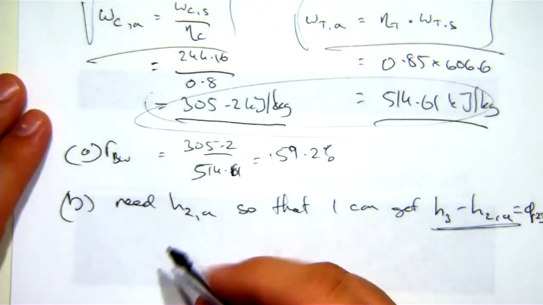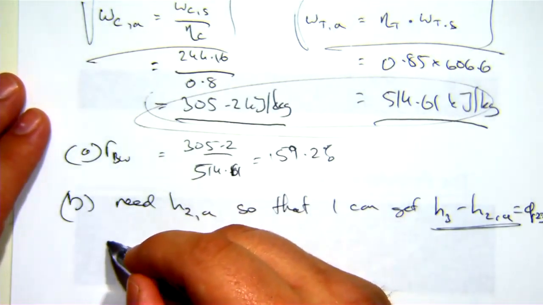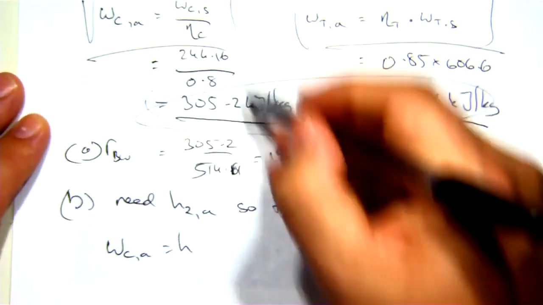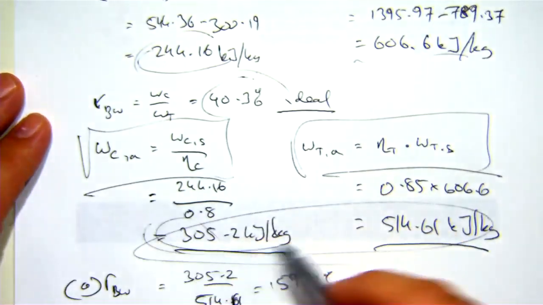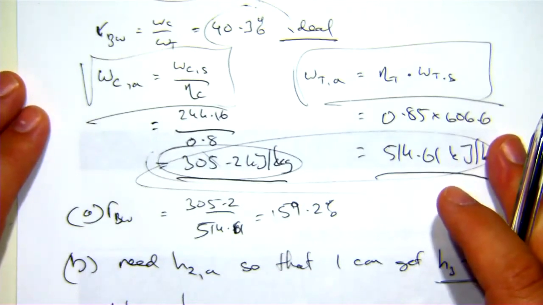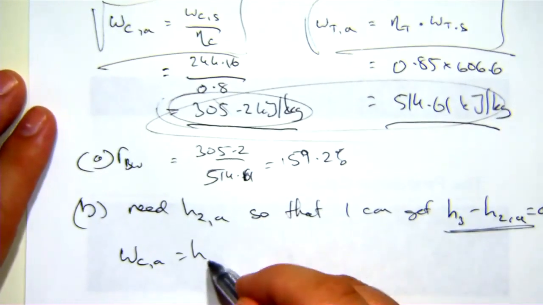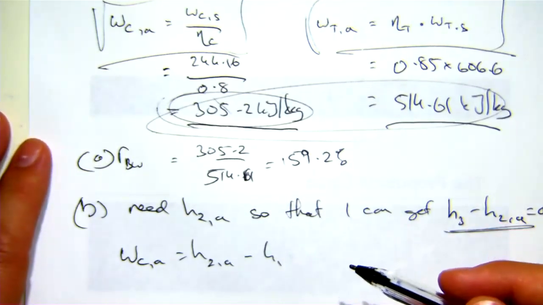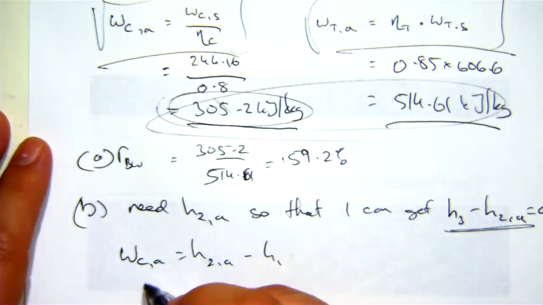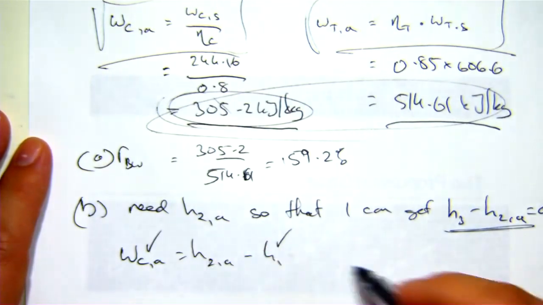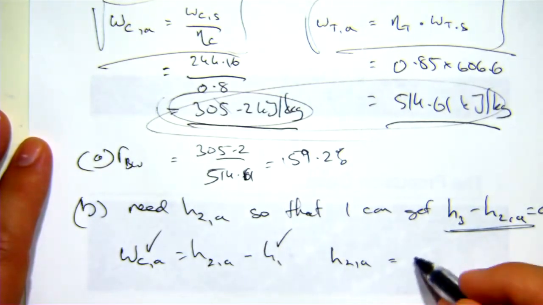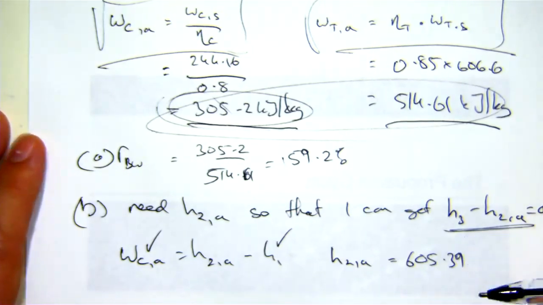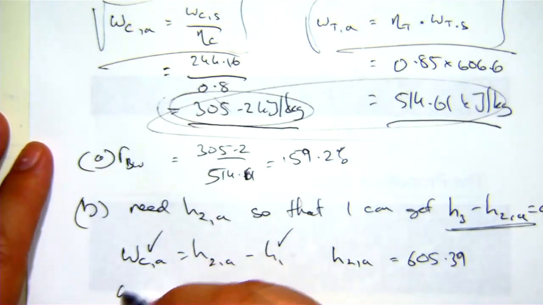If I'm going to get H2A, I need to go back to this compressor work. I determined up here the actual compressor work. That's H2A minus H1. And I know H1 because I looked it up from the tables, since H1 was just defined. So if I substitute in here and here, I can solve this for H2A equals 605.39.